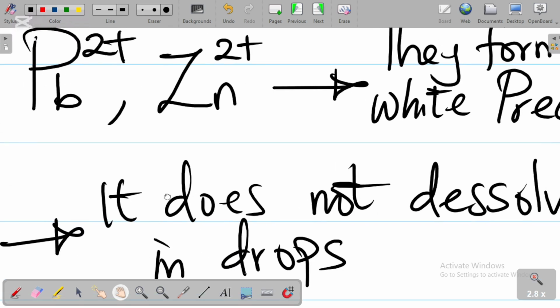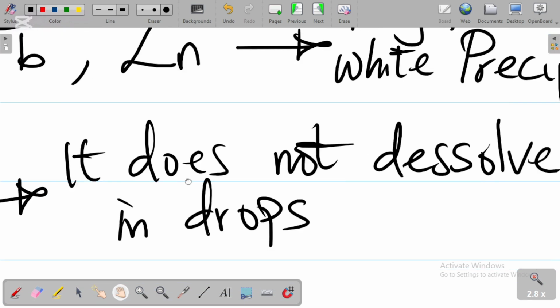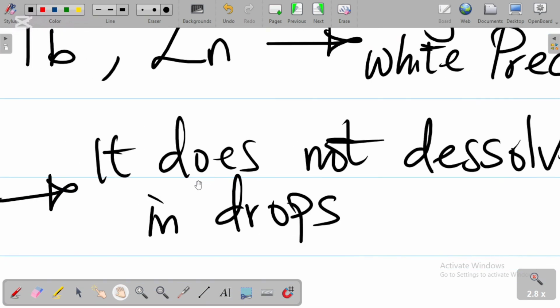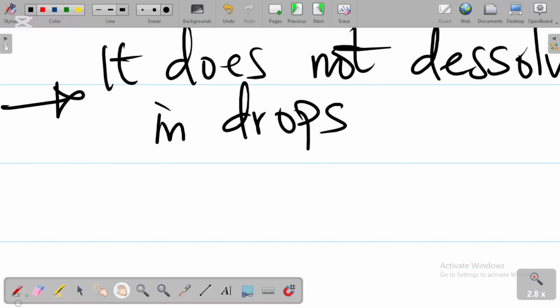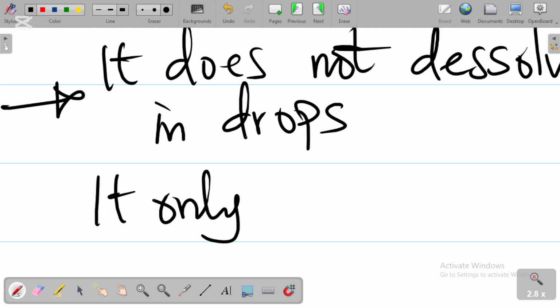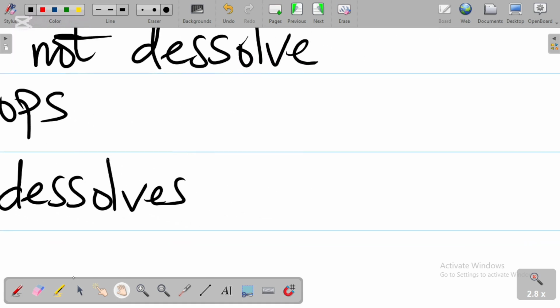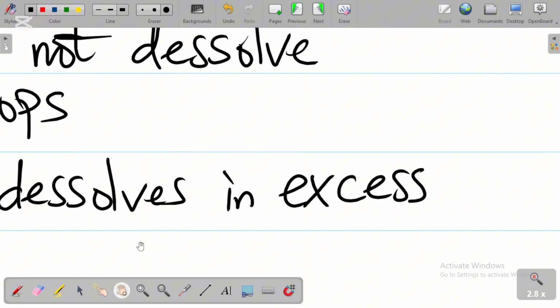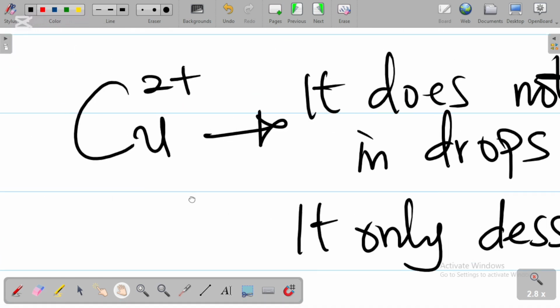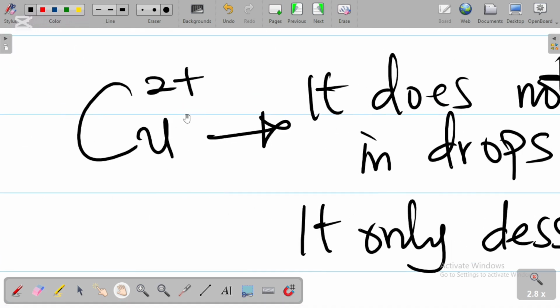That's for copper 2 ion, it only dissolves in excess. Let me write it down. It only dissolves in what? In excess. So copper 2 ion only dissolves in excess.